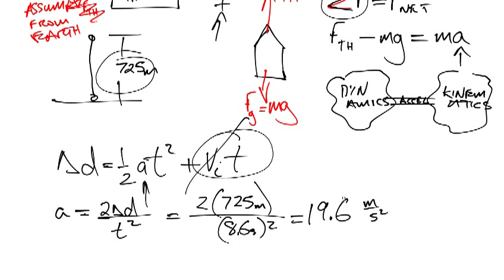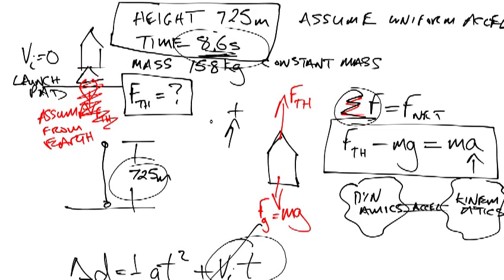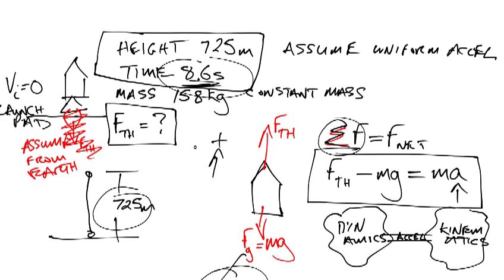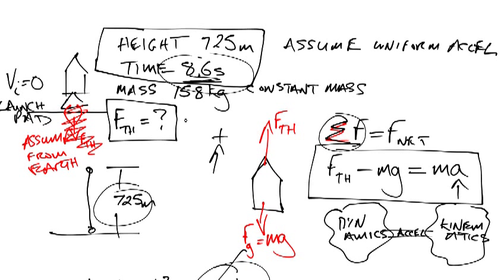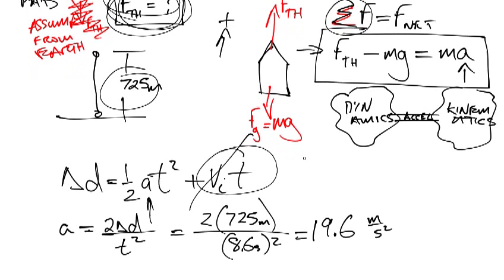Now, once we have the acceleration, look at this equation here that we solved. What are we looking for? What's the purpose of this problem? The purpose was to find the thrust force. So I am going to rewrite this equation to solve for the thrust force.